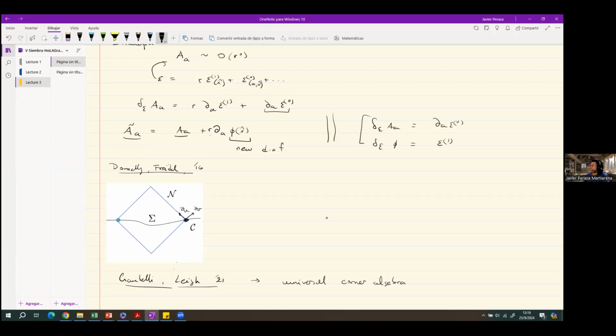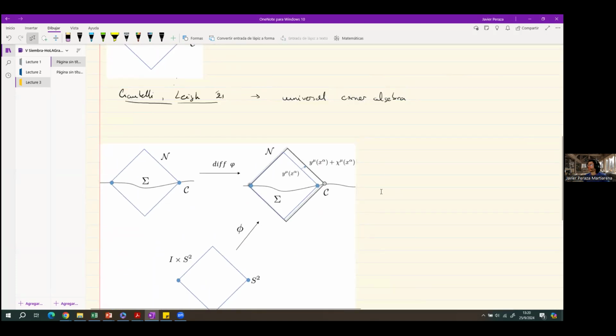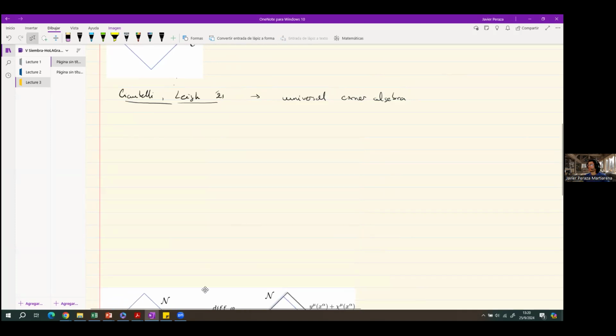And what they found is that in general, if you have, let me move this drawing even further because we are going to need it later.